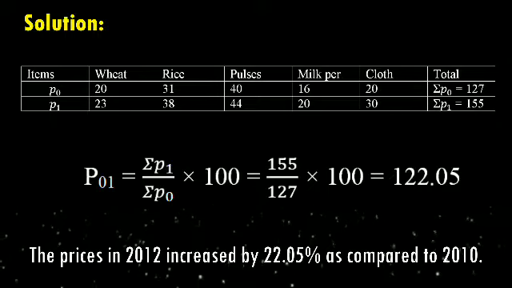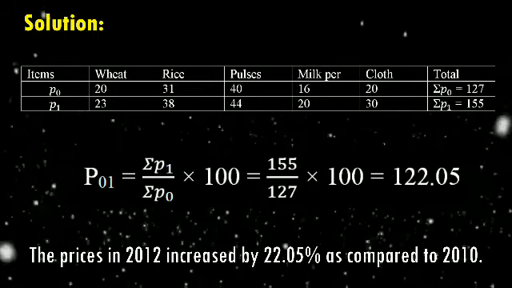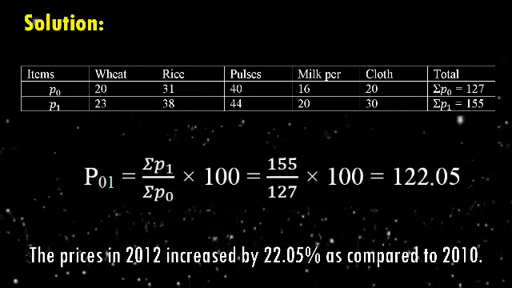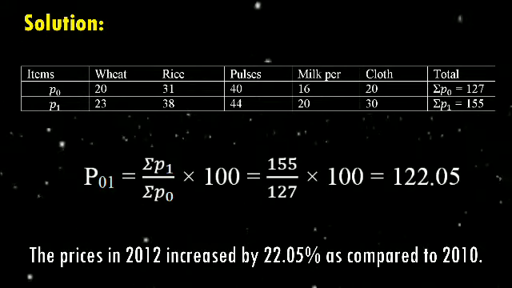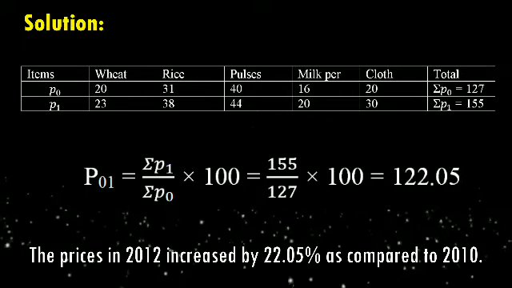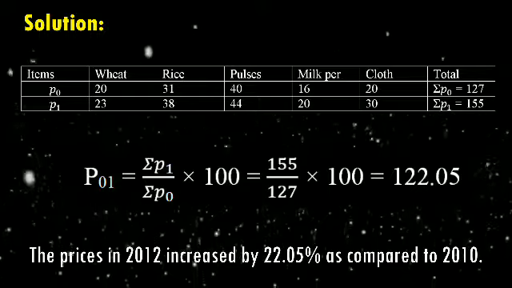If you remove that 100, the original index number is 22.05. So the gradual increase in the price values is just 22.05 because the formula was multiplied by 100 in order to get the value in terms of percentages. So if you remove 100, the value is just 22.05.